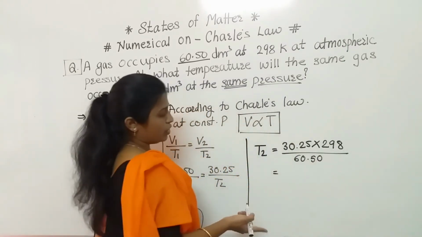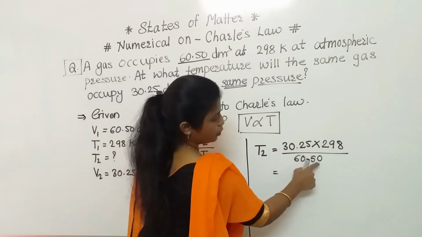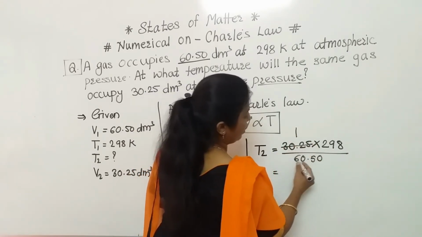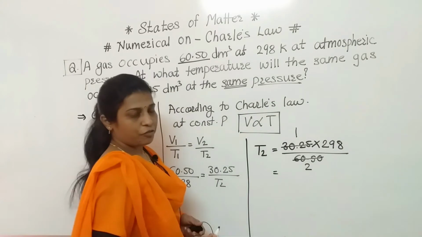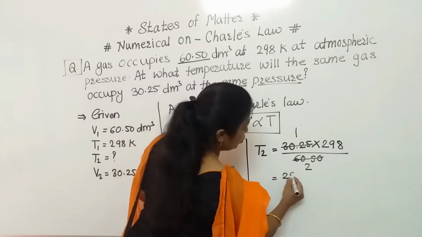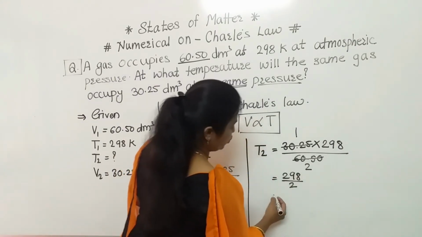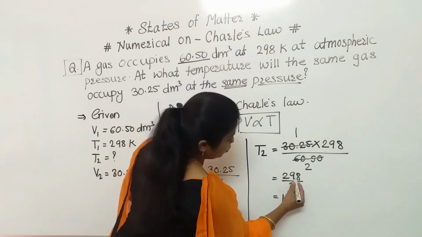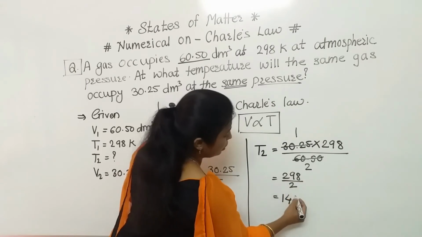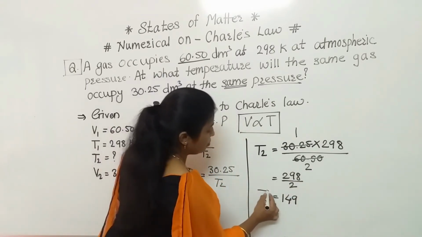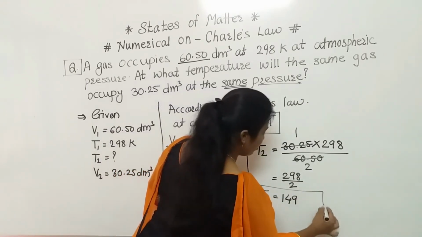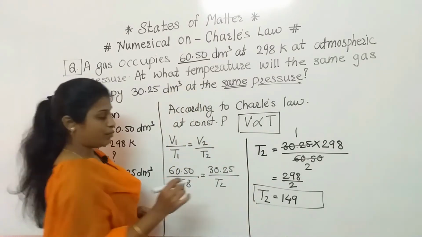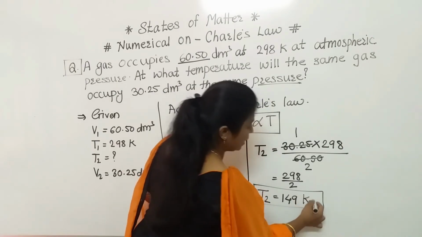After calculation, we can observe that 30.25 twos are 60.50, and finally 298 divided by 2: 2 ones are 2, 2 fours are 8, and 2 nines are 18. So the temperature at which that volume will be 30.25 is 149 Kelvin.